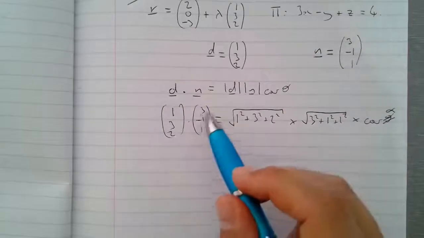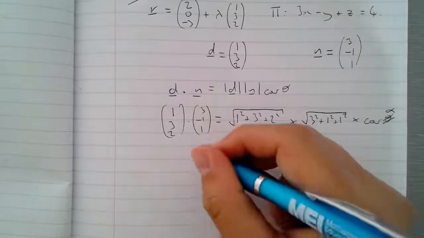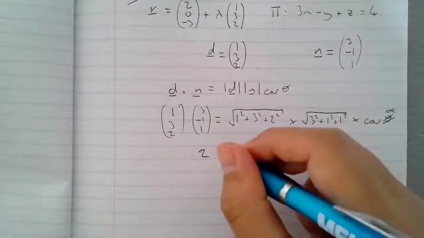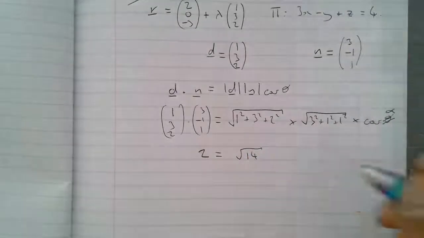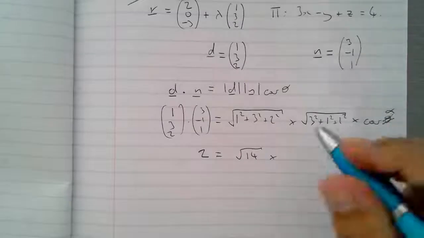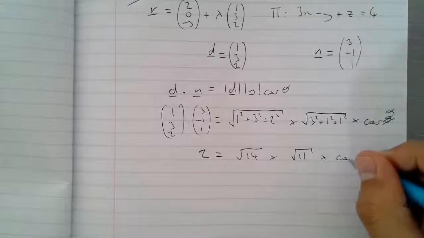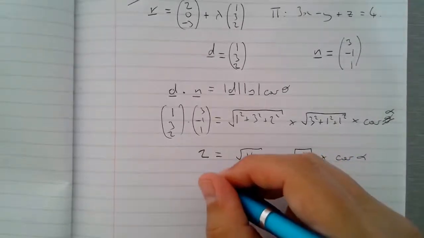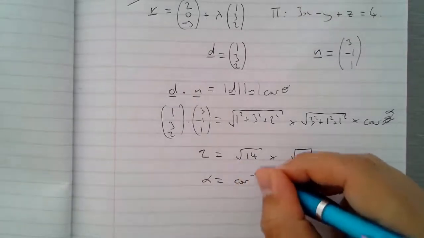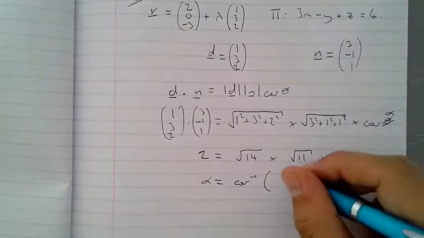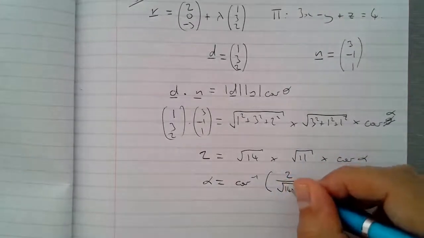So if I dot these together, it's 1 times 3 plus 3 times minus 1 plus 2 times 1, which is 2. And this one is 14, and that one is 11, times cosine of alpha. So alpha, if I rearrange this, is going to be cos minus 1 of 2 over the square root of 14 times 11.